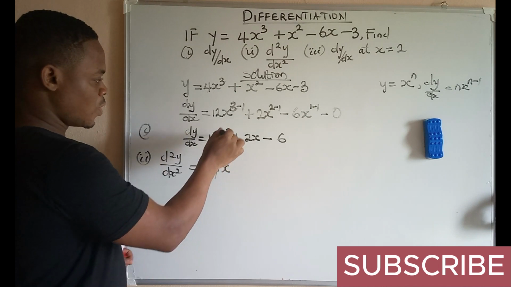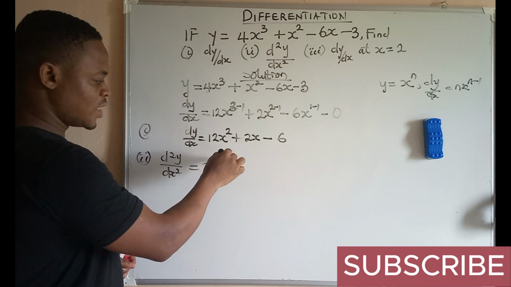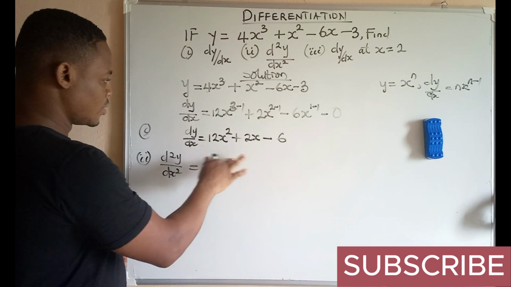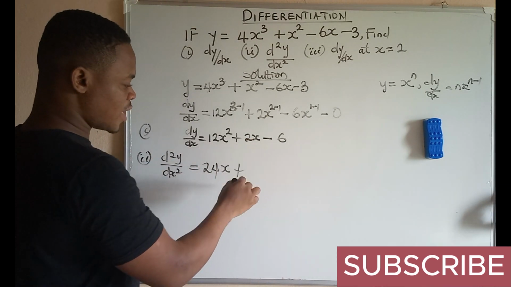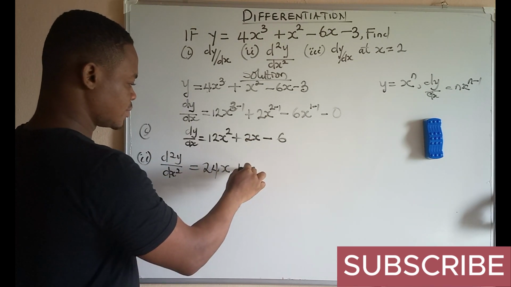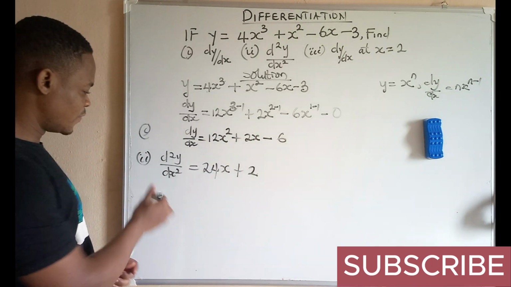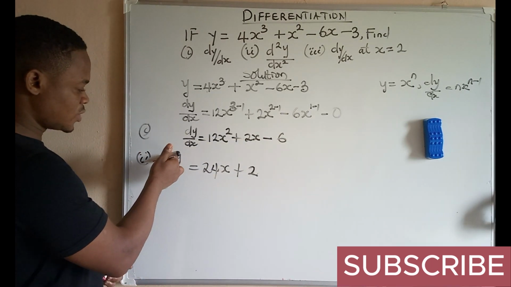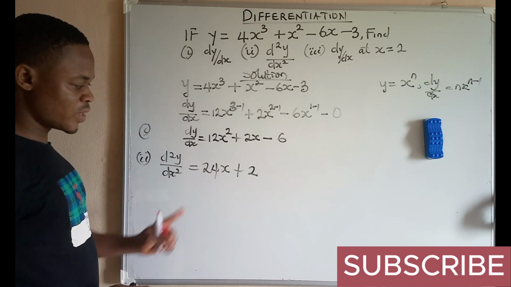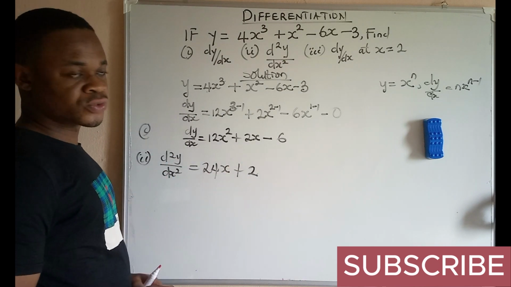When we subtract 1 from the power, we are also left with 1. Plus, differentiating 2x, you will have 2. And if you differentiate a constant, you will have 0. So the value of d²y/dx² is equal to 24x plus 2.